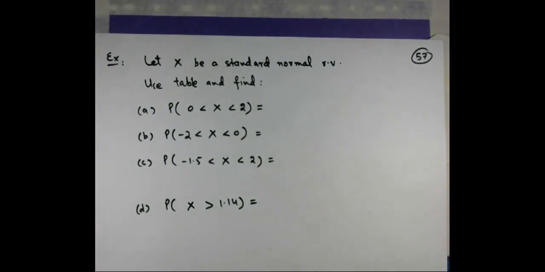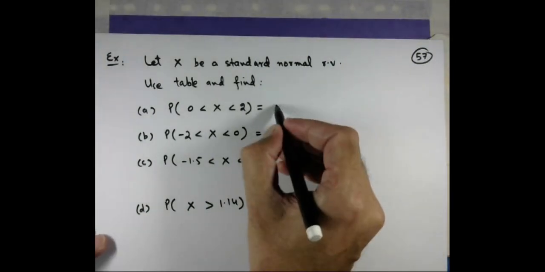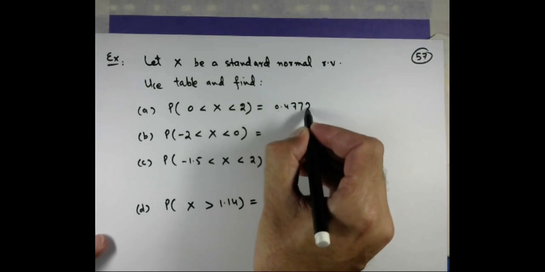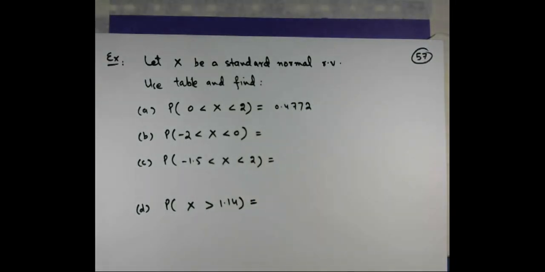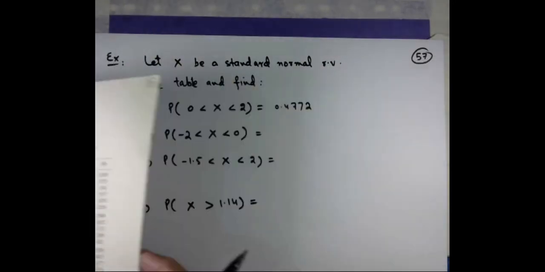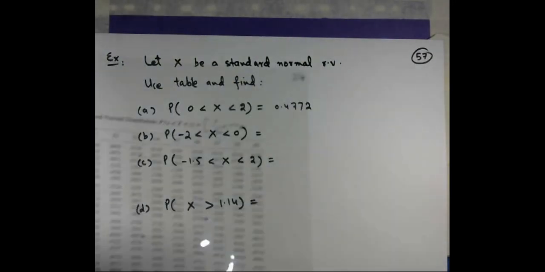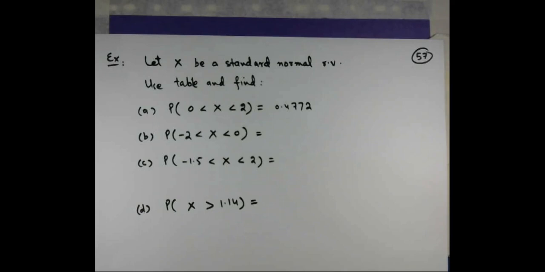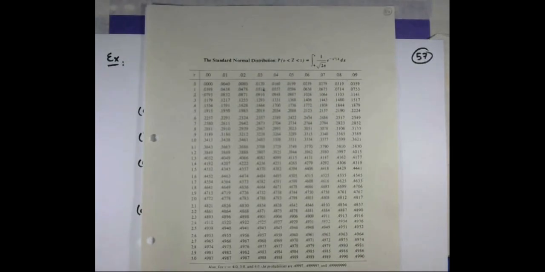It is 0.4772. So this is already now calculated. Remember, the total probability is being calculated from 0 onwards, and we have already discussed that this is a standard random variable.